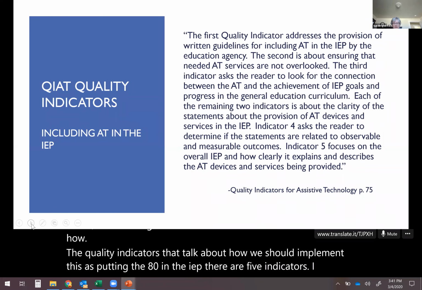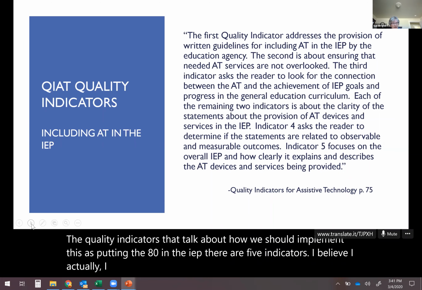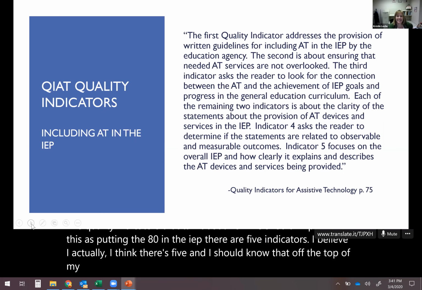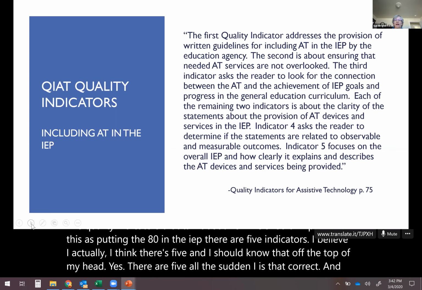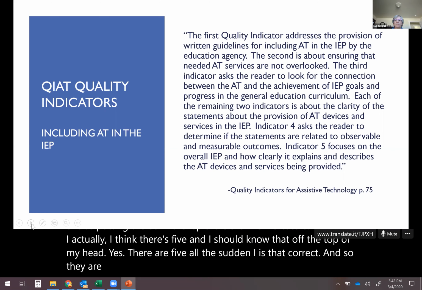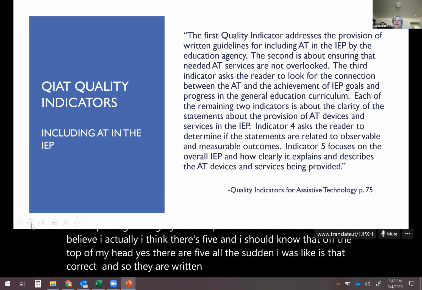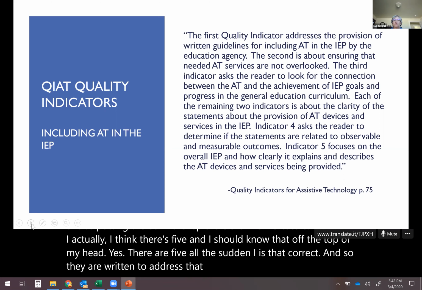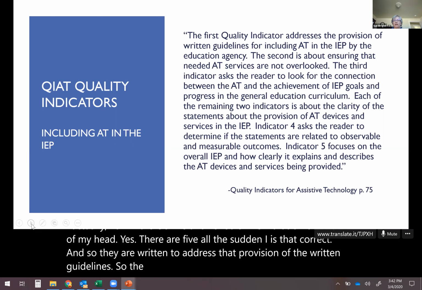I think there's 5, and I should know that off the top of my head. Yes, there are 5. All of a sudden I was like, is that correct? And so they are written to address that provision of the written guidelines. So the second one is about ensuring that the needed AT services are not overlooked in the IEP.